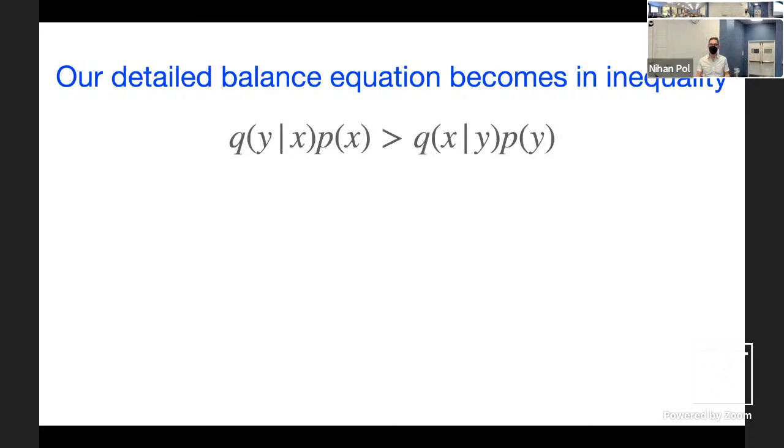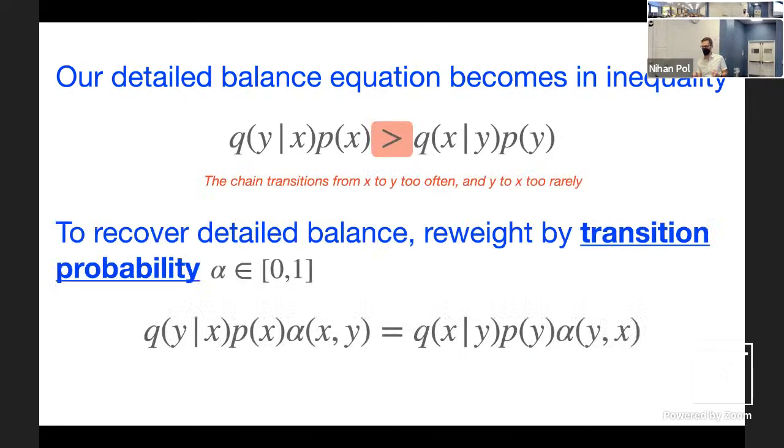And the way I fix it is by adding a fudge factor to both sides of the equation to rebalance so I get detailed balance back.